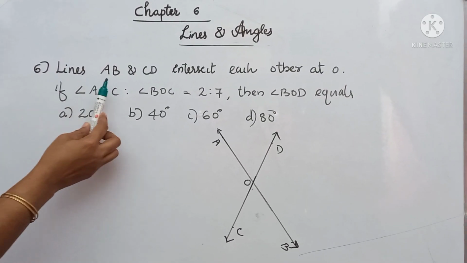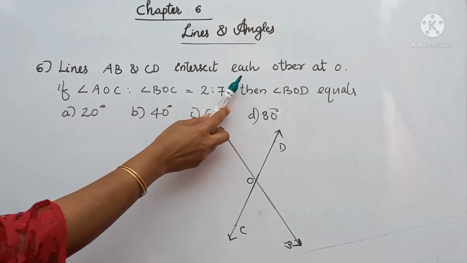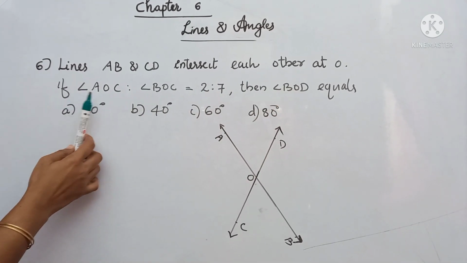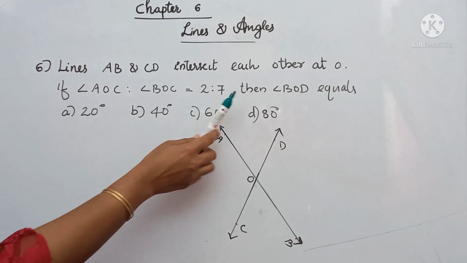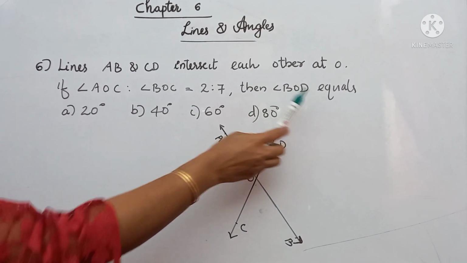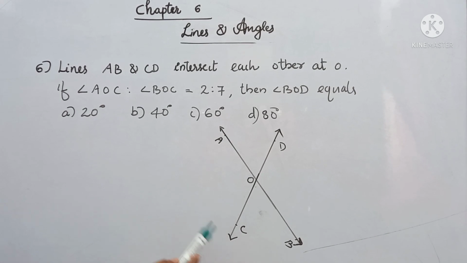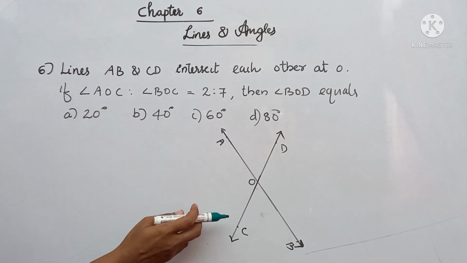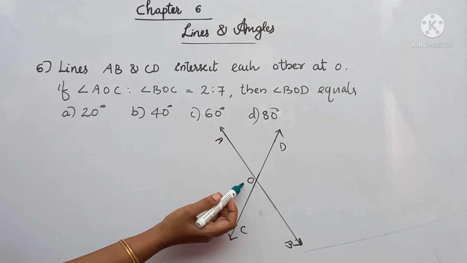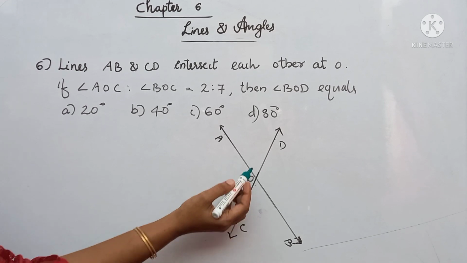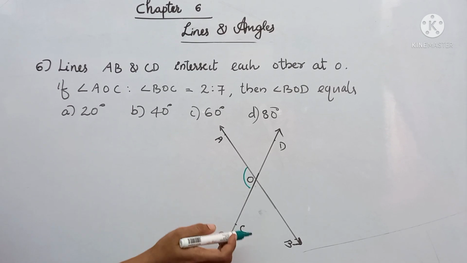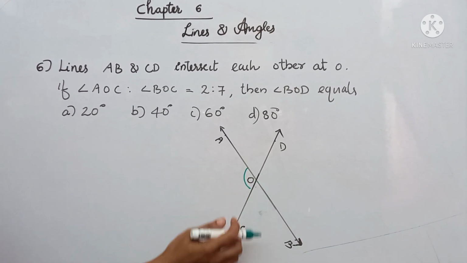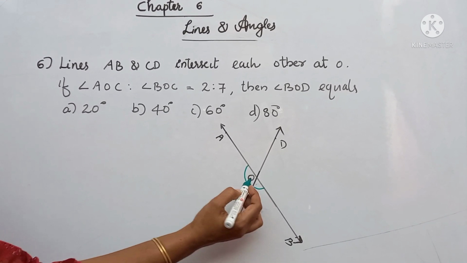Question number 6. Lines AB and CD intersect each other at O. If angle AOC is to angle BOC is equal to 2 is to 7, then angle BOD equals? Look at this figure, AB and CD are the two lines intersecting at O. Here is the angle AOC, and this is the angle BOC.